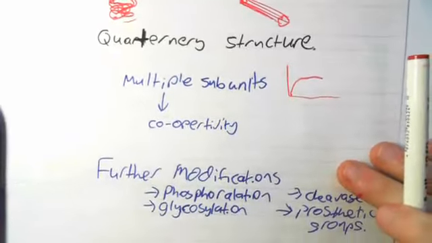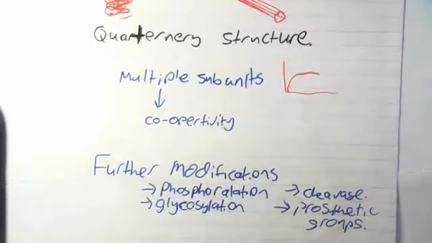And then past quaternary structure, you can have further modifications of a protein. You can have phosphorylation, which is generally involved in activating a protein. Glycosylation is generally involved in a bunch of other things, recognition by another protein and such.